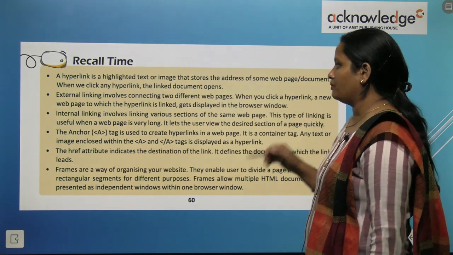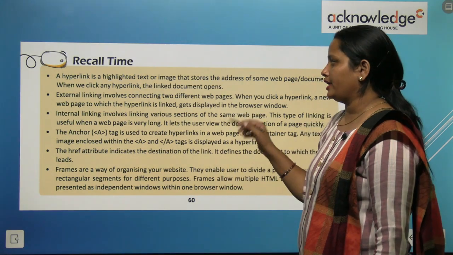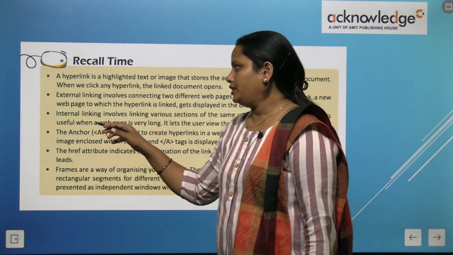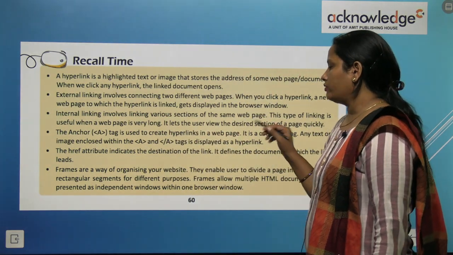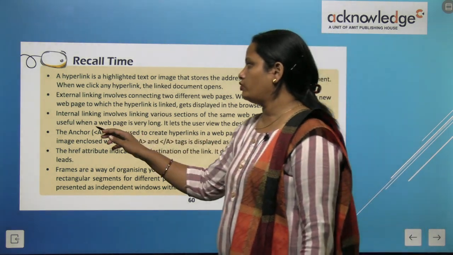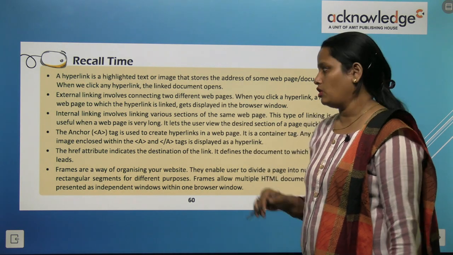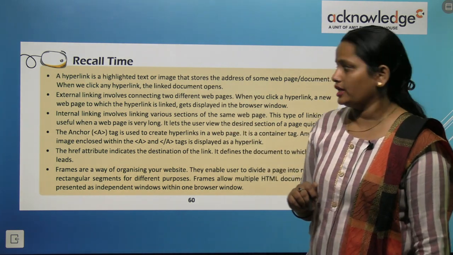When you click on a hyperlink, the web page to which the hyperlink is linked gets displayed in the browser window. Internal linking involves linking various sections of the same web page. This type of linking is useful when a web page is very long. It lets the user view the desired section of the page quickly.